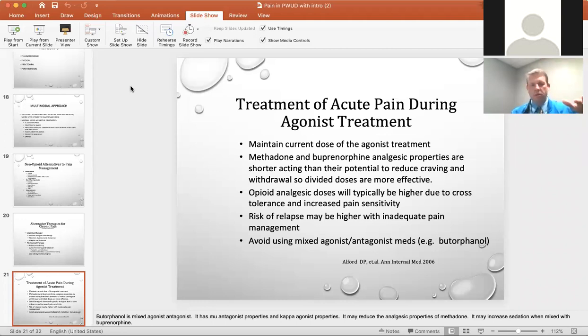All of the things we would do for other patients, continue medication-assisted therapy, and if opiates are needed, assess that properly, but we would need to give doses that are usually higher than we would in other cases. How high? Well, I go back to the pregnancy literature and our experience with pregnant women. If we use opiates, you're talking about doses of oxycodone of about 60 total milligrams a day, at least, to get analgesia.